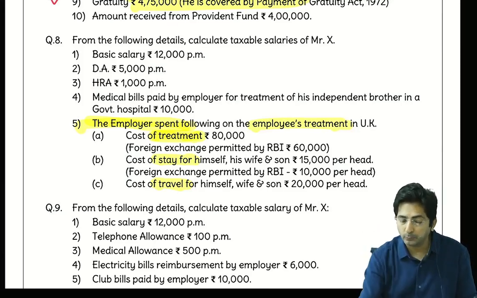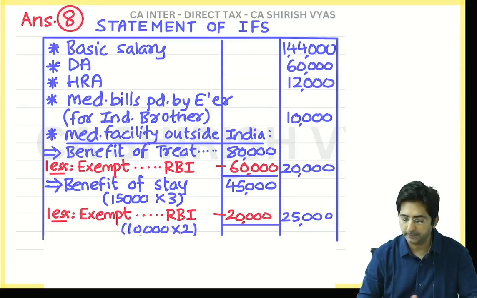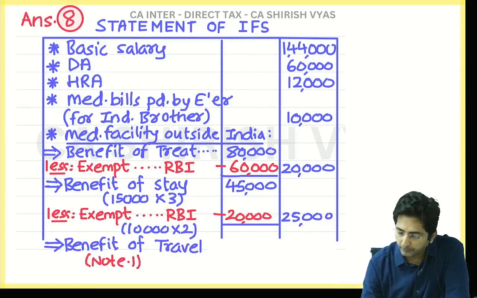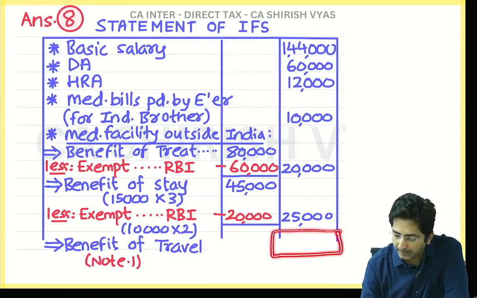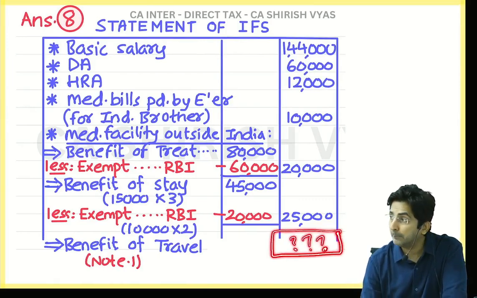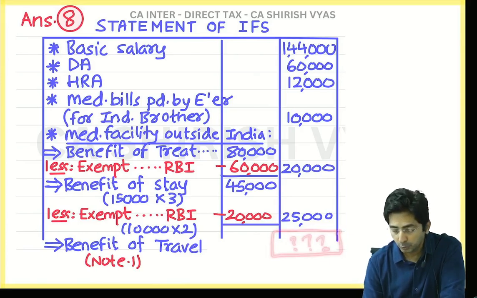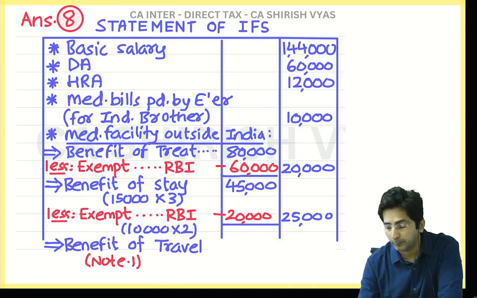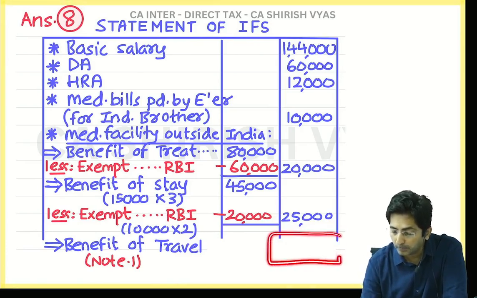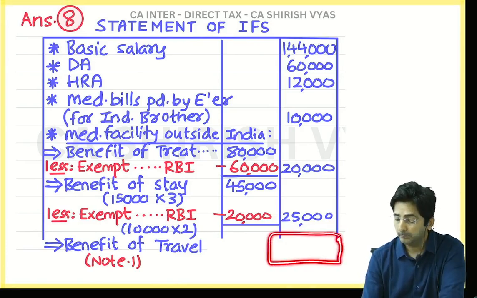So now how to calculate gross total income? Look, see, I have written benefit of travel, but the outer column I have kept pending because I am not sure whether it will be exempt or taxable. So you can also do one thing: write benefit of travel, but keep the amount column blank, because depending upon the gross total income we will decide.